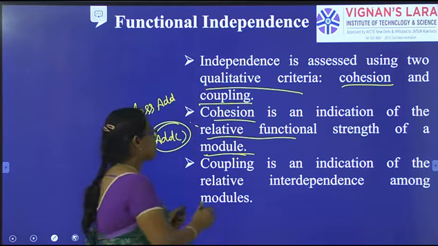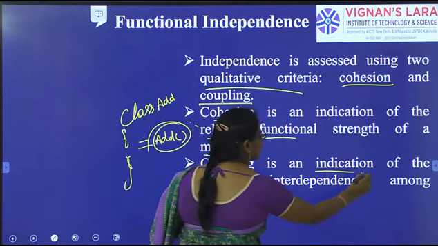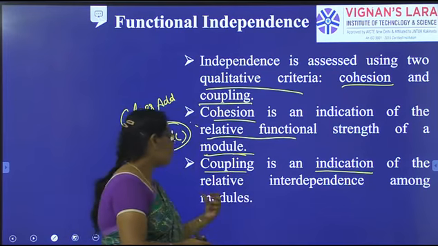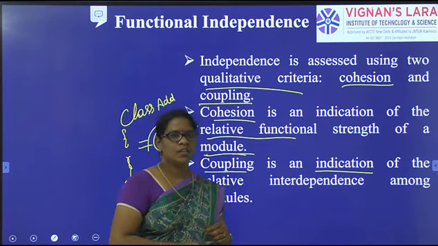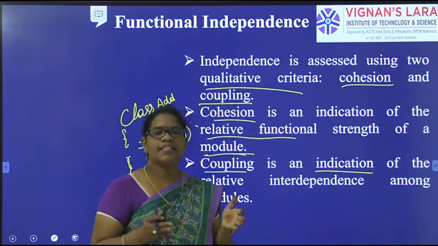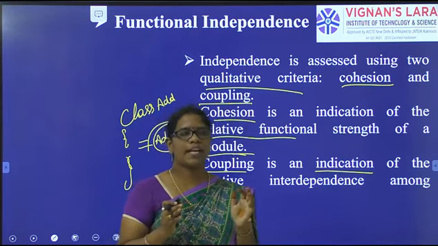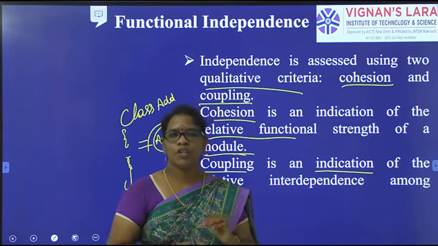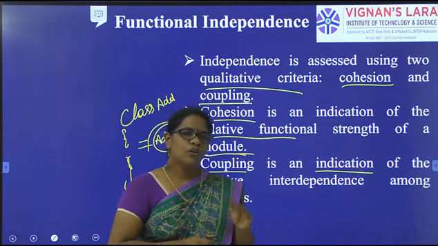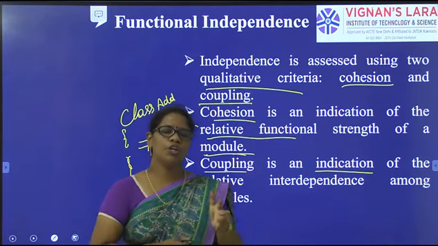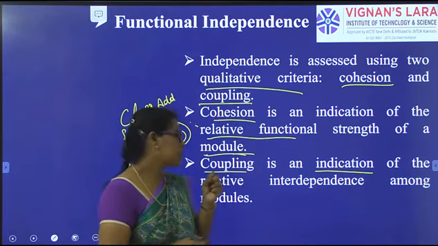So what is coupling? Coupling is an indication of the relative interdependence among the modules. You divide some software or system into two or three modules. An individual module relates to cohesion, the individual module's functional strength.